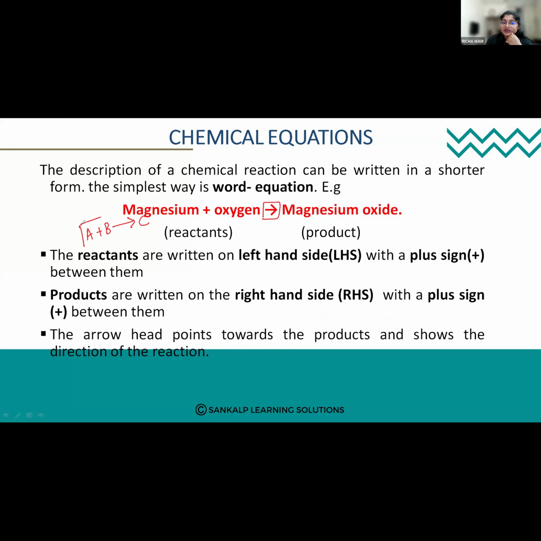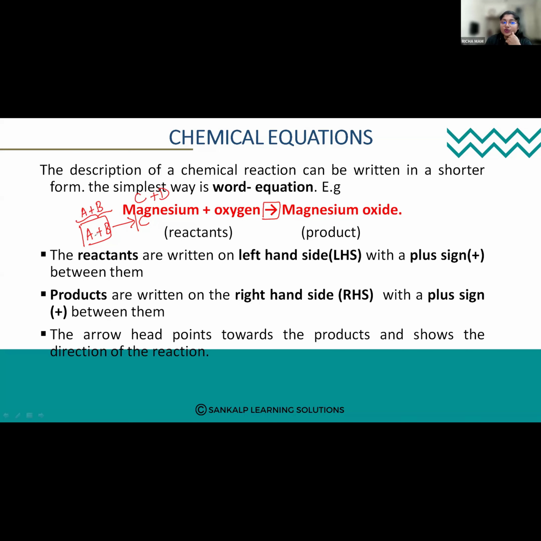Similarly, when a chemical reaction is occurring, there should be either two substances or more. So here, A plus B will react to give you the product C, or maybe C plus D.